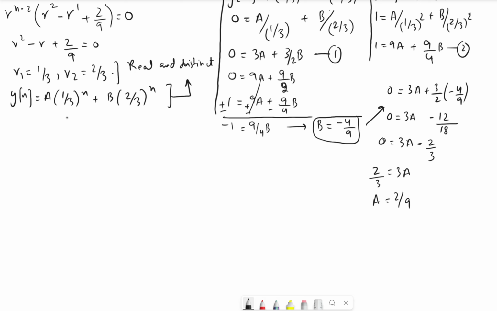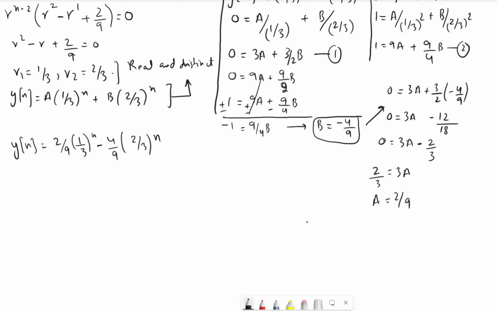We can put them in this equation to get y of n equals 2 by 9 times 1 by 3 power n minus 4 by 9 times 2 by 3 power n.